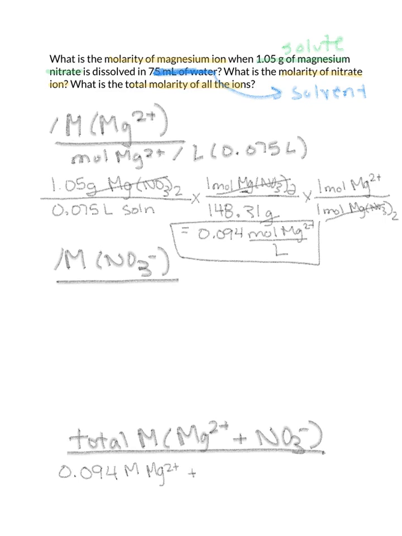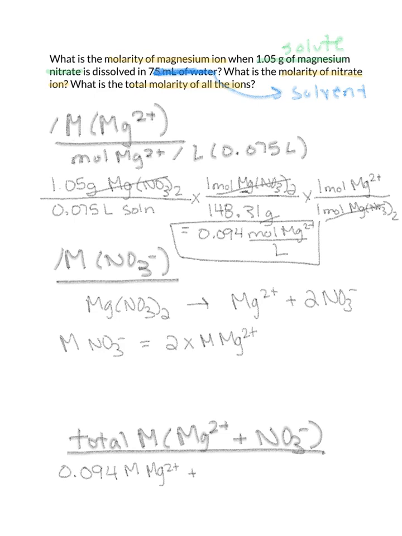What do I notice about magnesium nitrate, though? When I break up a magnesium nitrate, I get 1 magnesium and 2 nitrates. So what does that mean? That just means that the molarity of nitrate is twice the molarity of magnesium, right? I have 1 of these and 2 of those.